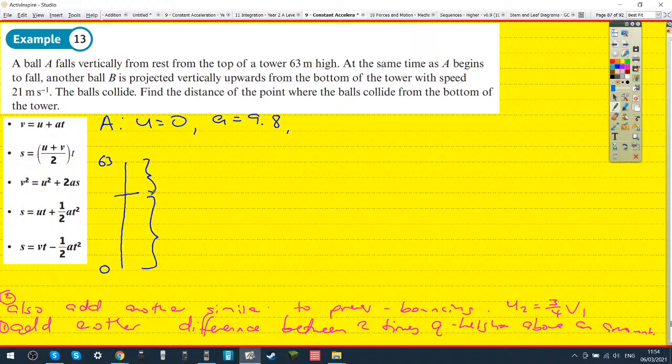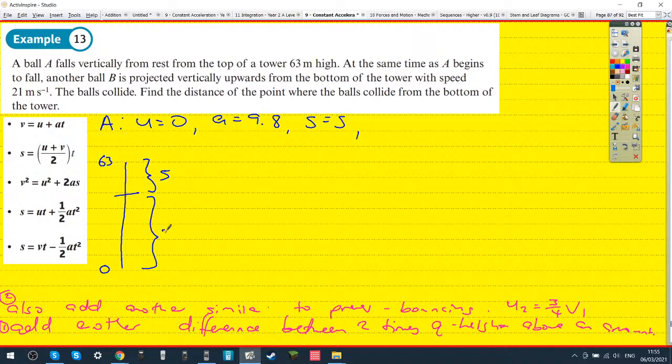So if we called this distance S, then what would you call the other distance? Well, they have to add up to 63. This plus this makes 63.